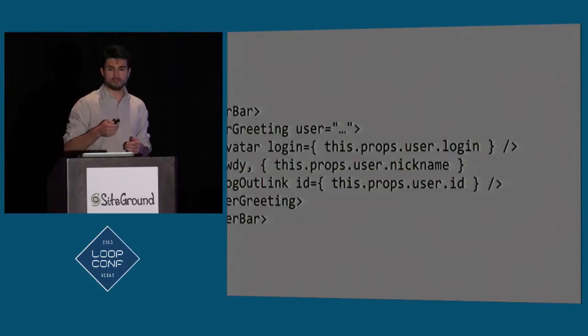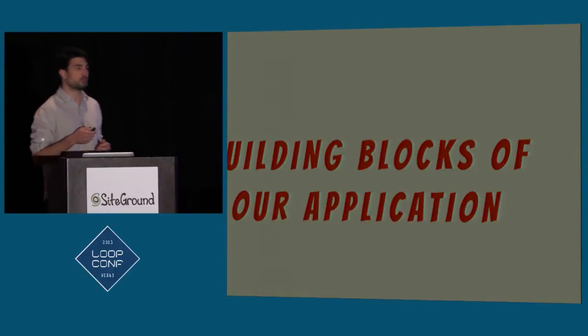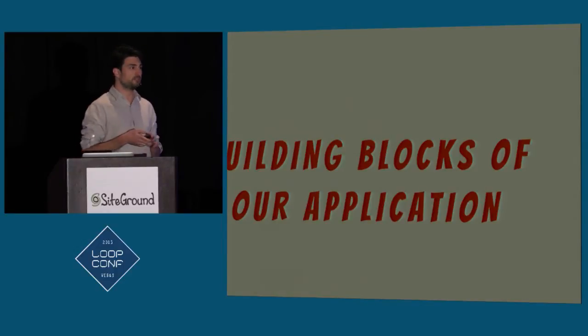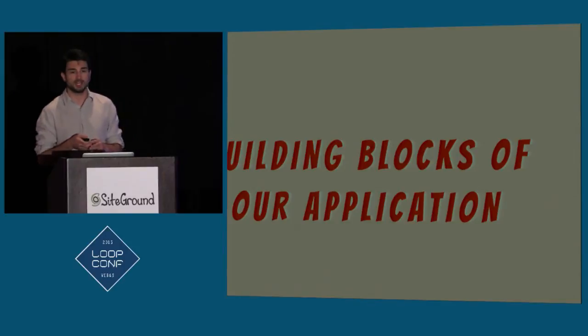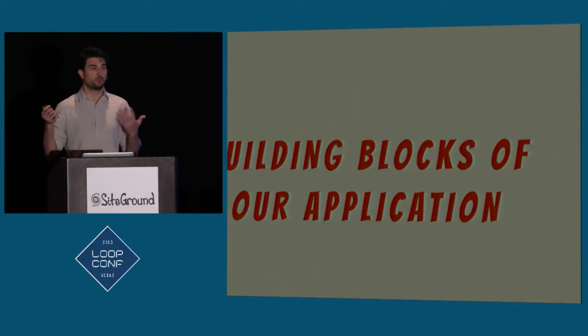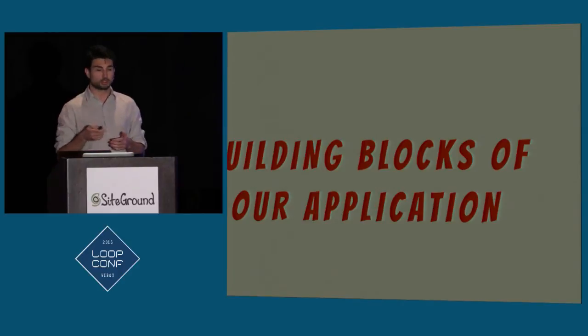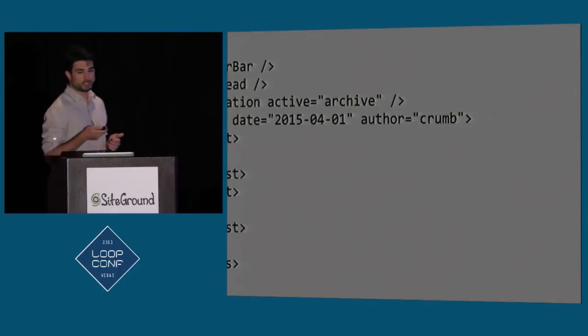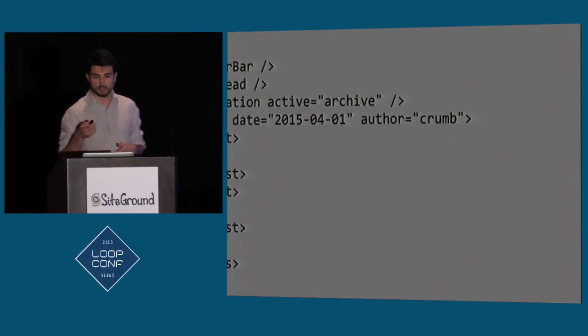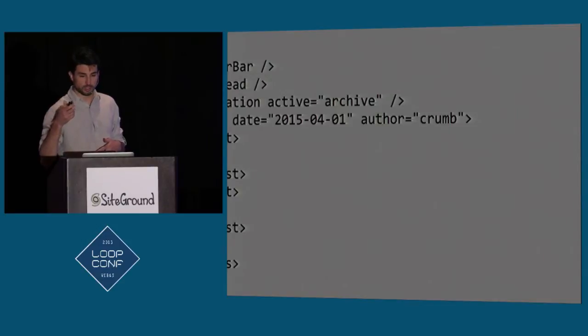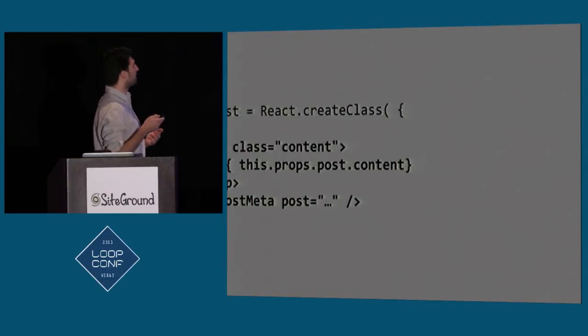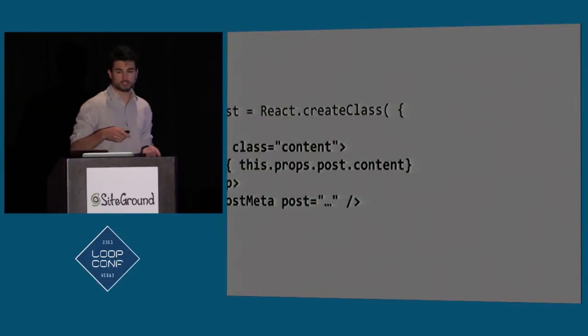So they very quickly become the building blocks of our application. Instead of having divs with just classes, we can have the main building blocks of our application look like tags. For example, here we can have a master bar, a navigation, which you can't really see. And each one of them can in turn include the HTML itself, based on the props.